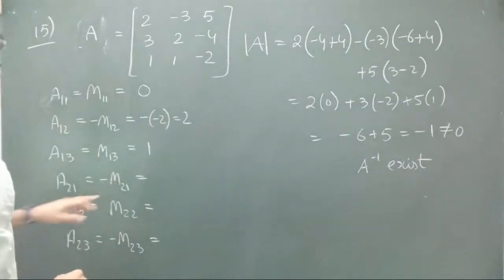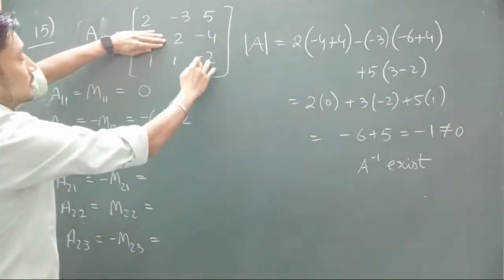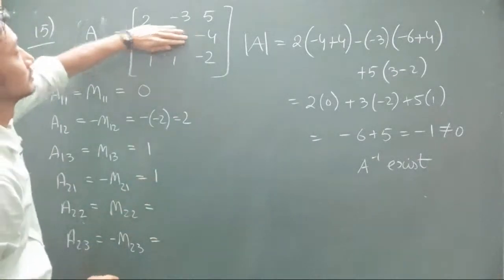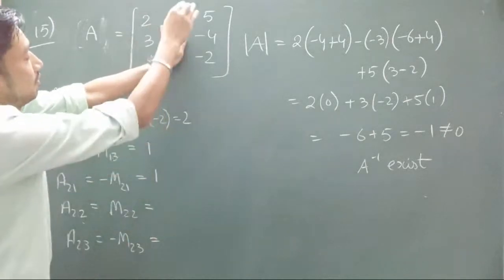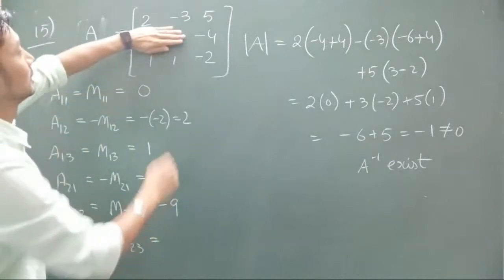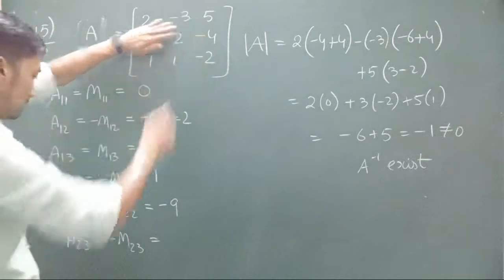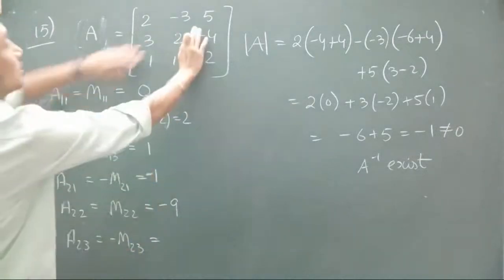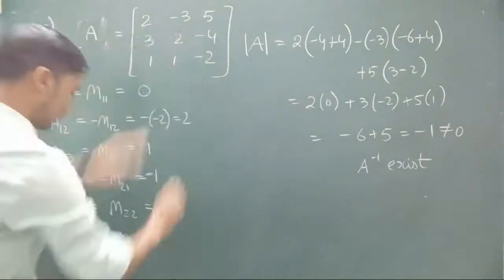Then 3 2s are 6 minus 5, that's 1. 2 2s are 4, minus 5, minus 9. This is fine, isn't it? And this one, 2 3s are 6, 2 1s are 2, minus minus plus 3, 2 plus 3, 5, minus 5.